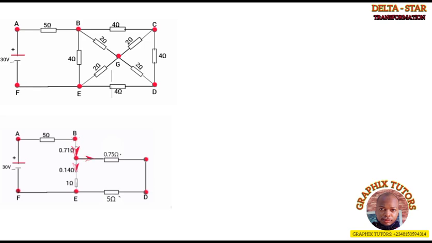So the I2 and I3 will continue flowing through the 0.14 ohms and the 1 ohm, making them to be in series. Are we together? So we will now be having 1.14 together with the 0.71. So we move forward.